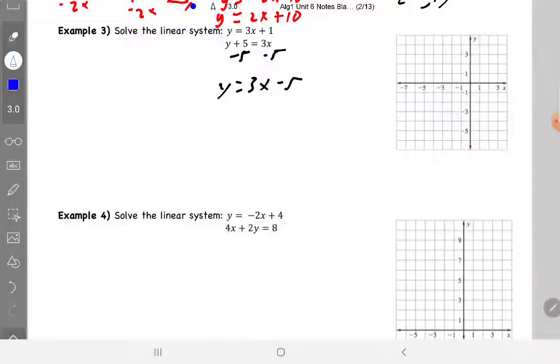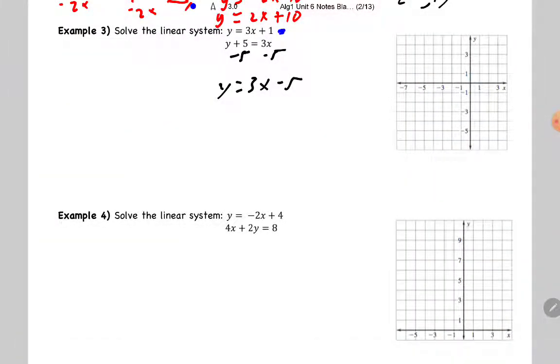So blue, this one. The blue one has a slope of 3, a y-intercept of 1. So we're going to go up 1, make a dot, and then follow the slope up 3 over 1, or go backwards, down 3, left 1, down 3, left 1.